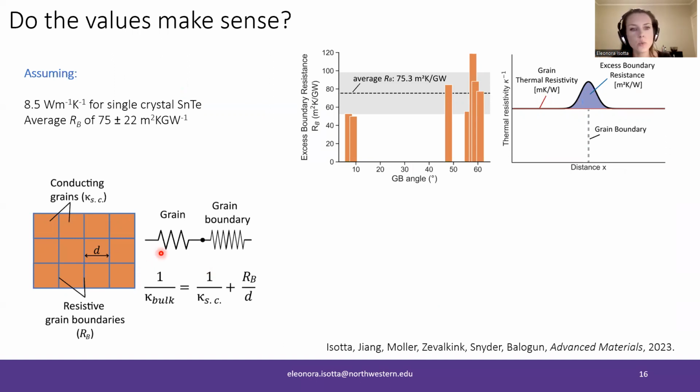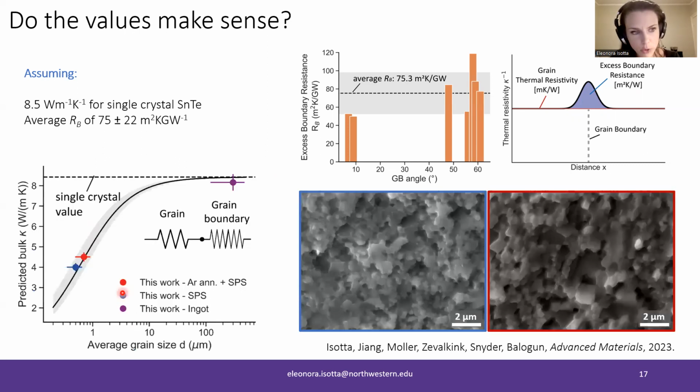For the grains, we use a value of thermal conductivity of a single crystal, while for the grain boundaries, we use the average value of boundary resistance from FDTR as a representative boundary resistance. And with this model here, we would predict grain size dependence of the thermal conductivity that trends as the black line in this figure here.